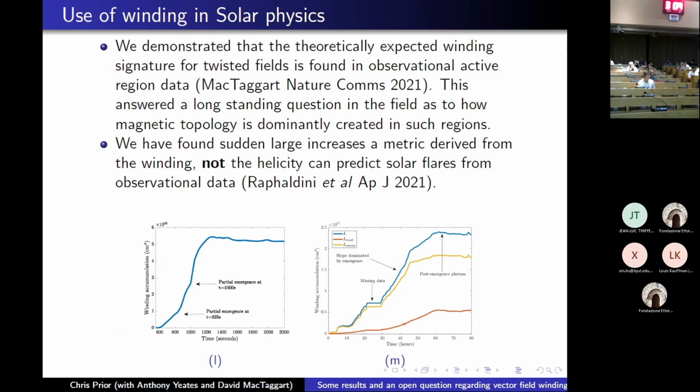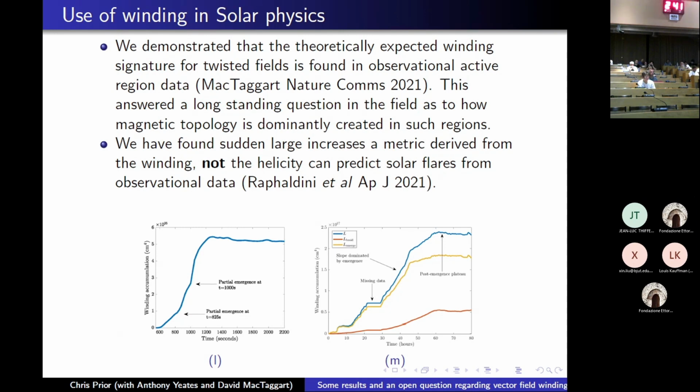And second, we've managed to use this winding input data to predict when certain activities called solar flares happen. And these are basically when this complex magnetic field undergoes a rapid reconnection and sort of fires bits of itself off into space. And the field line winding, so when I remove the strength of the field, this more elemental quantity seems to be much more consistent in making these predictions.